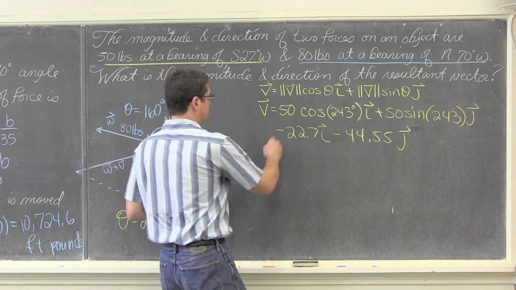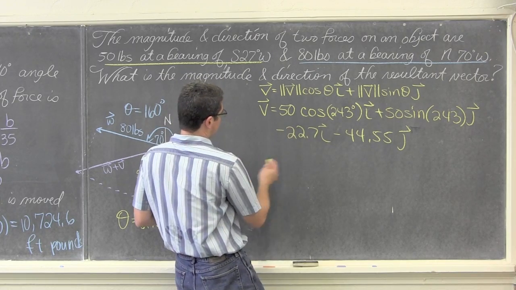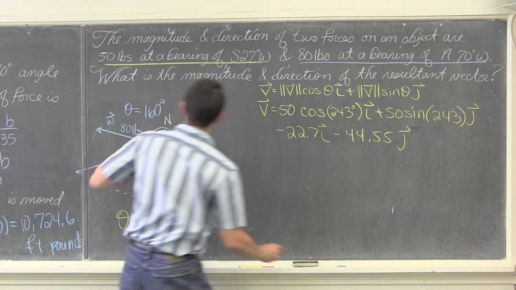So that's vector V. Now we need to find vector W.